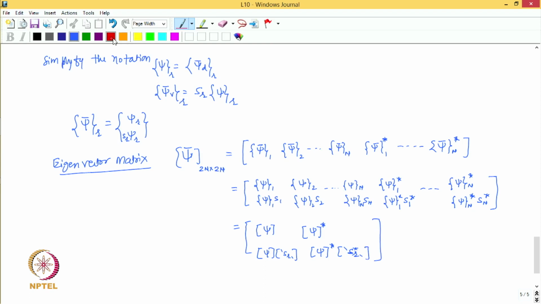If you look at the order of these matrices, this is n by n, this is n by n, all these matrices are in fact of order n by n.